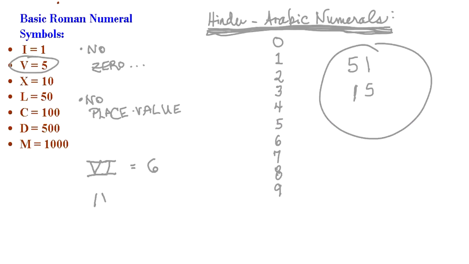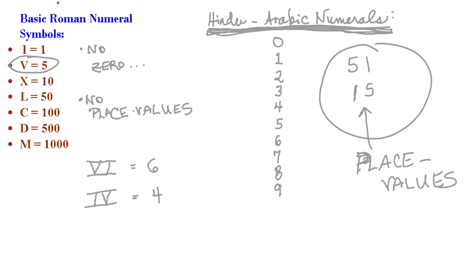And then the IV, if I wrote a 1 and then a 5, which is 15 in the Arabic numerals, in Roman numerals would be the number 4. Vastly different. So you can see that in the Hindu Arabic, we have a place value system, where we have the ones place, then the tens place, hundreds, etc.